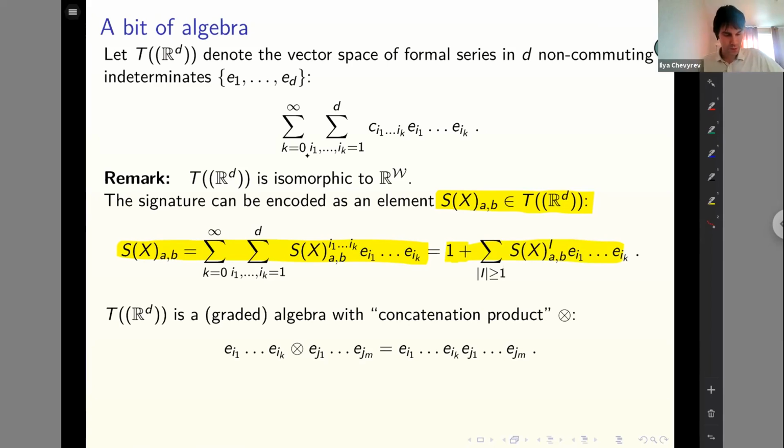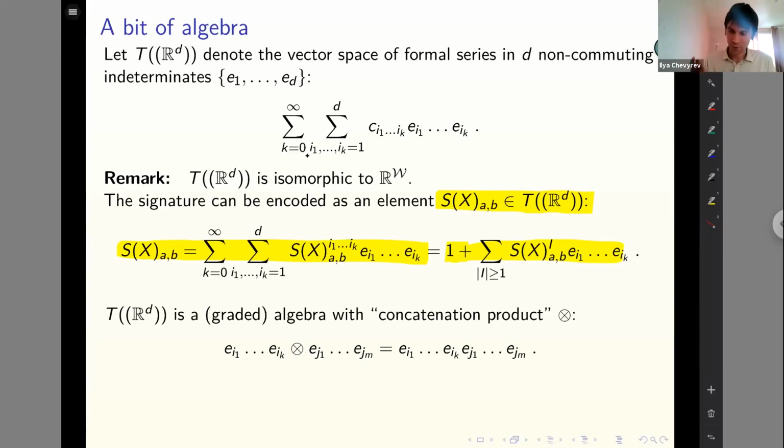Okay, and so with this definition, a separate remark from the fact that I can encode the signature as an element of this vector space is that this vector space T((R^d)) is a graded algebra. And the natural product is the concatenation product. So when I multiply two of these vectors together, e_I and e_J, I can concatenate them, sticking the two vectors together.